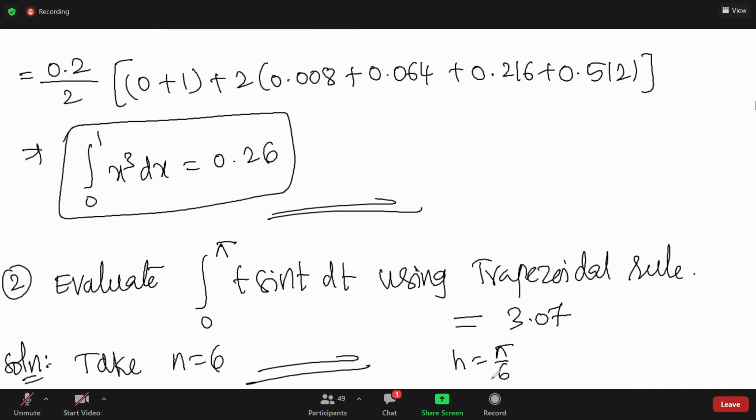And for the numerical value, pi is equal to 3.14. So the answer is 3.07.